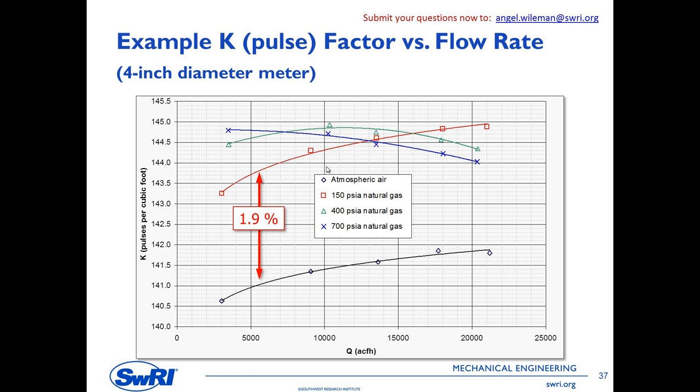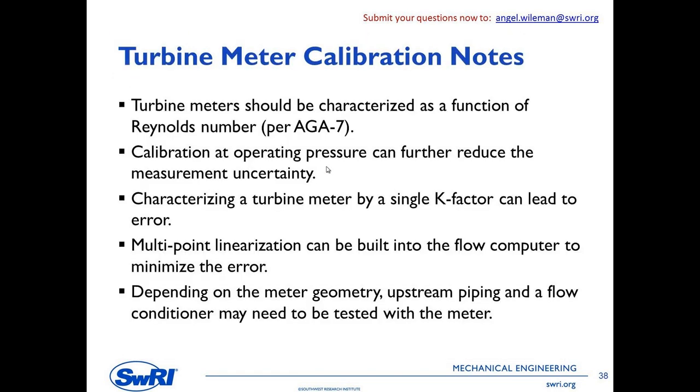Turbine meters, there's an initial shift that occurs with pressure that then stabilizes as you get to higher and higher pressure. That's one of the reasons why it's recommended that turbine meters be characterized as a function of Reynolds number, and really, if you can, do it at the operating pressure to help reduce the uncertainty.